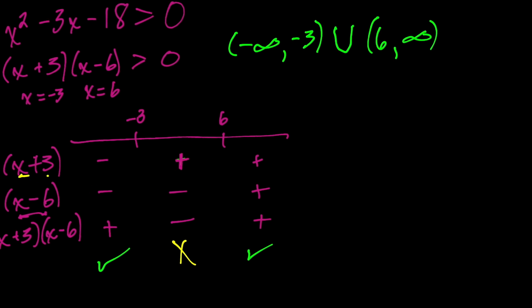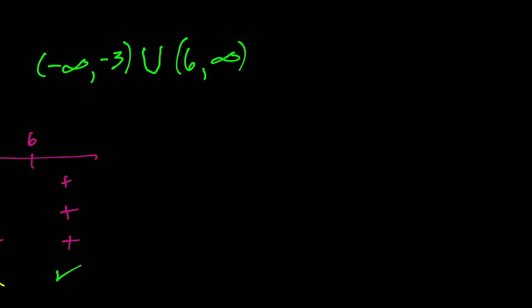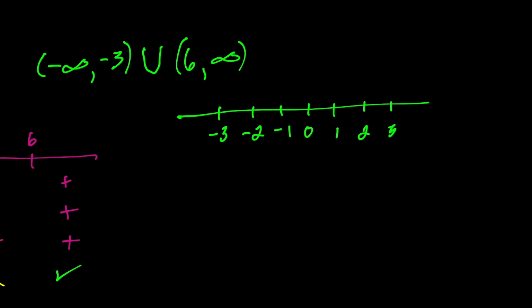If you were going to draw a number line, you'd make sure you had your -3. Let's see. I'll start down here at -3, -2, -1, 0, 1, 2, 3. Got to make my line a little bit longer. There we go. And 6. I'll put a 7 for good measure and maybe a -4 down here.